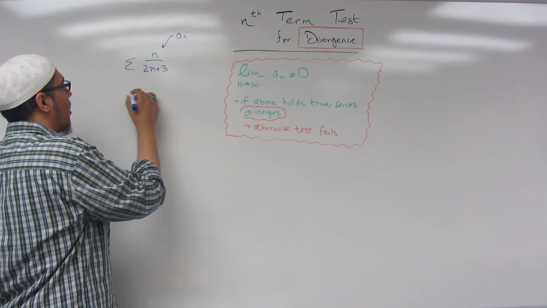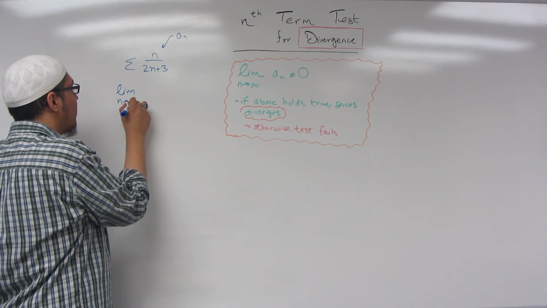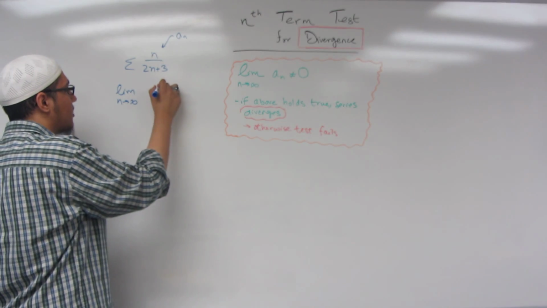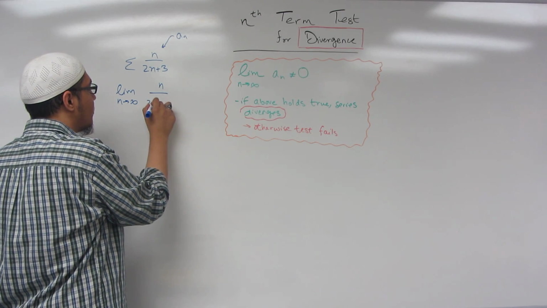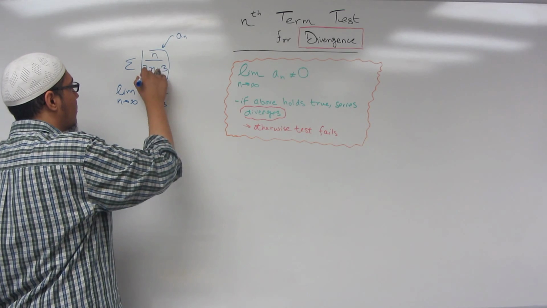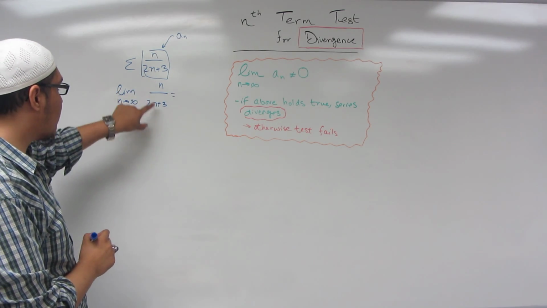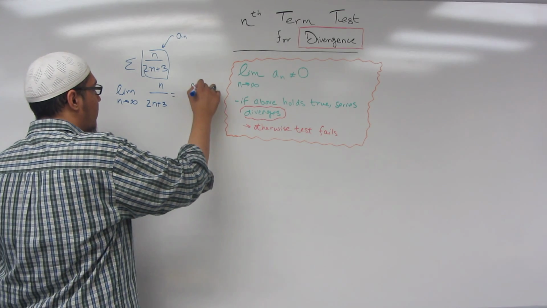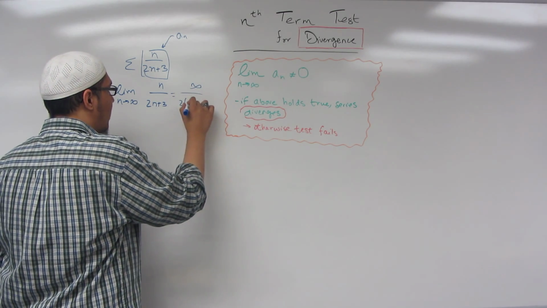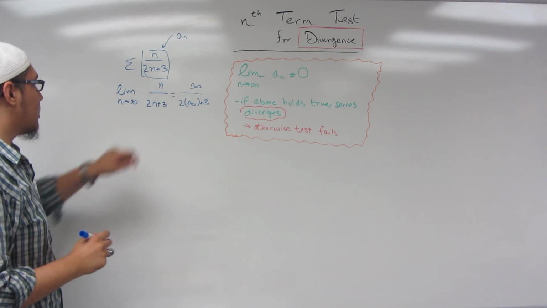So, we take the limit as n approaches infinity of our a sub n term, which ends up being n over 2n plus 3. This will be equal to, let's substitute infinity on the top and the bottom for n. We'll get infinity over 2 times infinity plus 3. Now, let's simplify that.